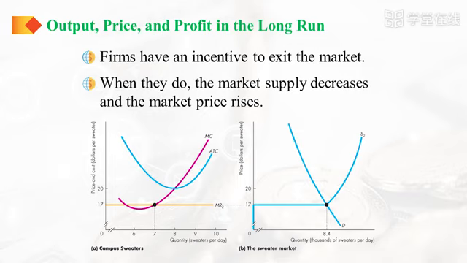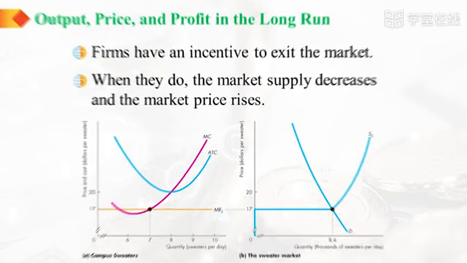When firms exit the market, the number of firms decreases and the market supply curve will shift to the left. As it shifts to the left, the new equilibrium price will go up and the equilibrium quantity will go down. And as the equilibrium price goes up, the economic loss of the firms will reduce.